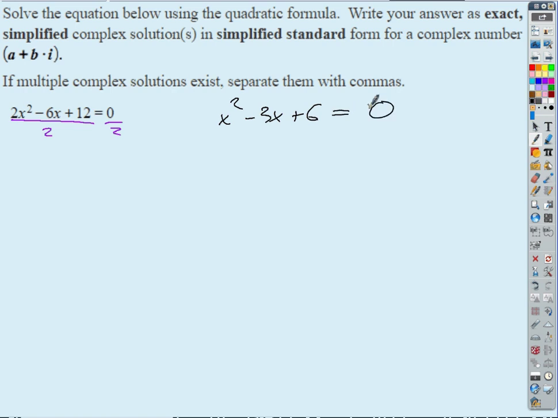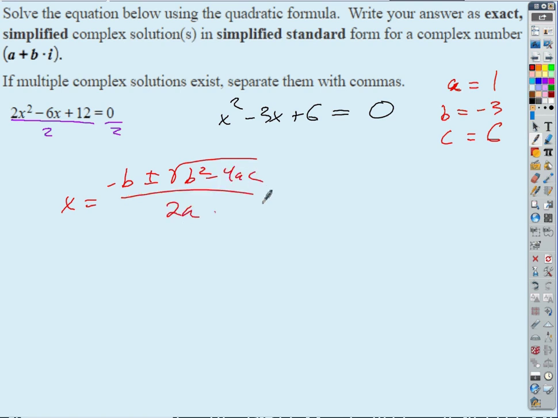So a is 1, b is negative 3, c is 6. Plugging that into the quadratic formula: negative b is 3, plus or minus the square root of b squared, which is 9, minus 4 times 1 times 6, all divided by 2 times 1, which is 2.